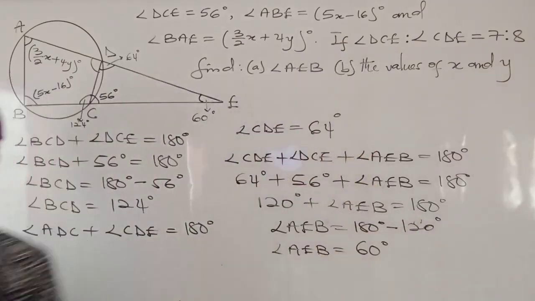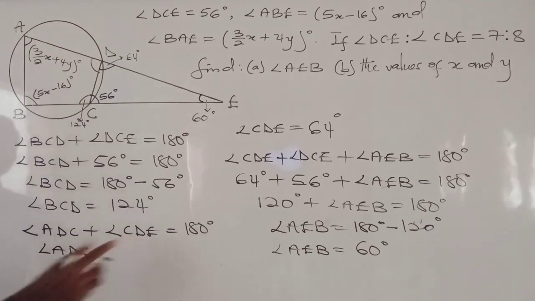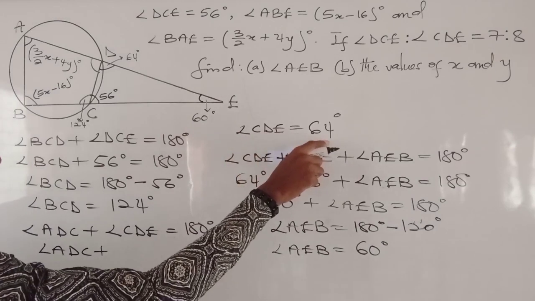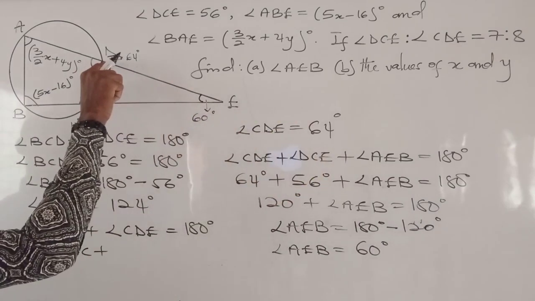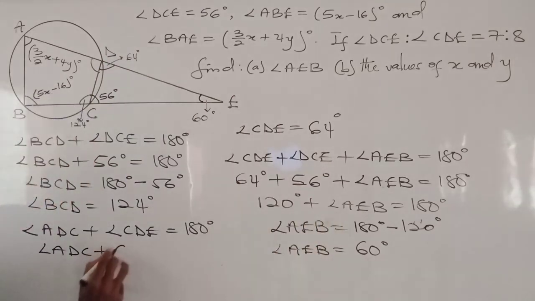We are solving for angle ADC. So I'm going to maintain my angle ADC plus the angle CDE. We know its value. Angle CDE is given to be 64 degrees. We solved it here, angle CDE equals 64 degrees, which I've labeled here as well. I hope you understand. So I'm going to put my 64 degrees there, equals 180 degrees.